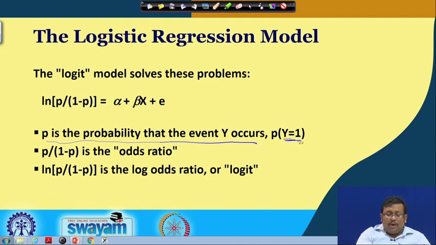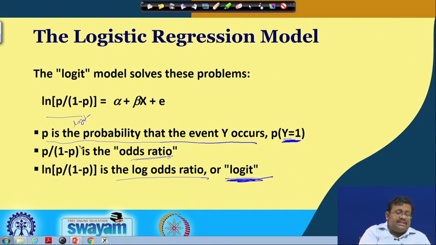So, when y equals 1, the probability is p, and p by 1 minus p is the odds ratio, or simply the odds, and the natural logarithm of p by 1 minus p is the log odds ratio, or logit.